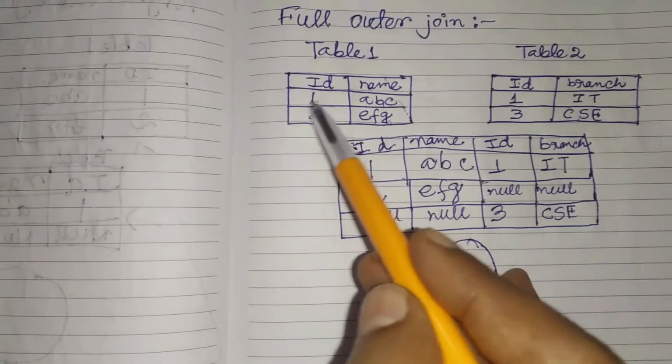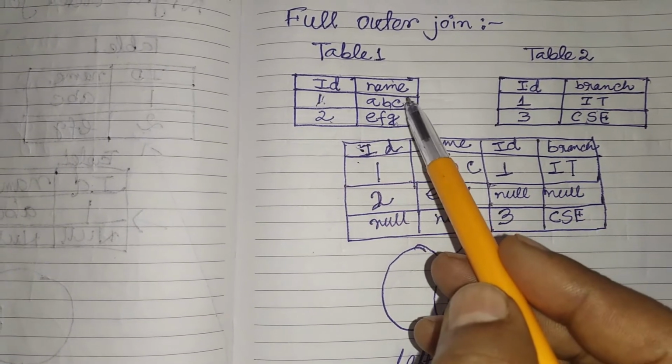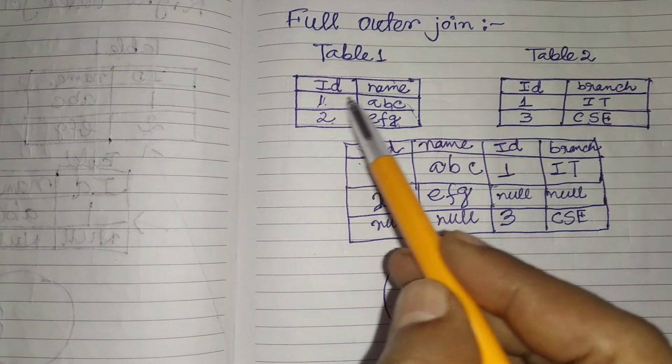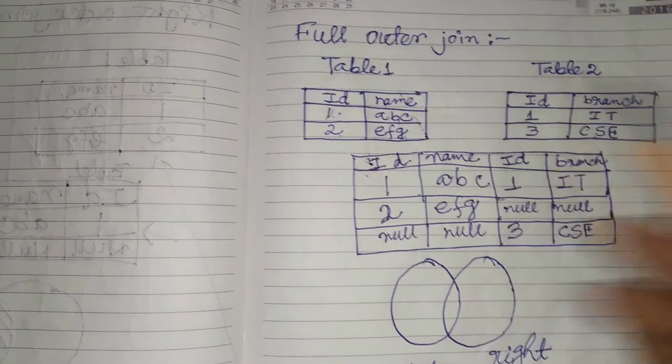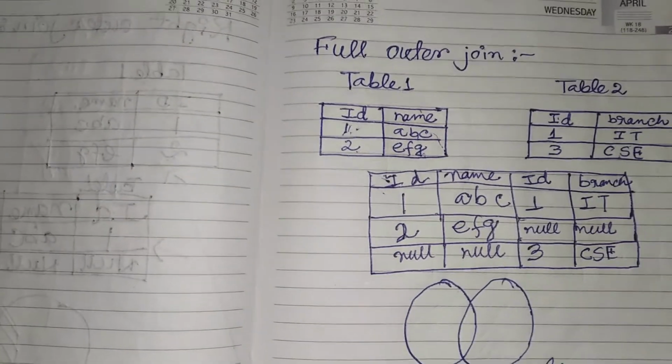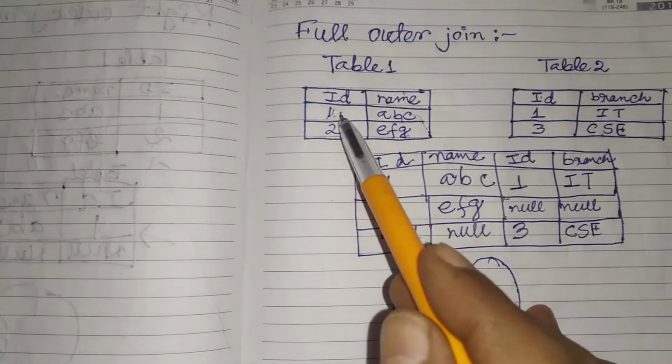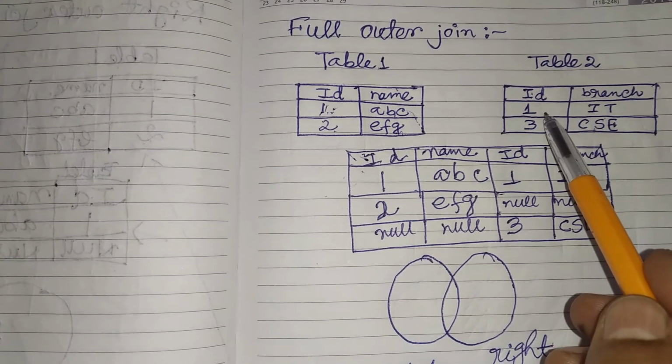At first, what are the common or similar entries of the two tables? 1 and here also 1.